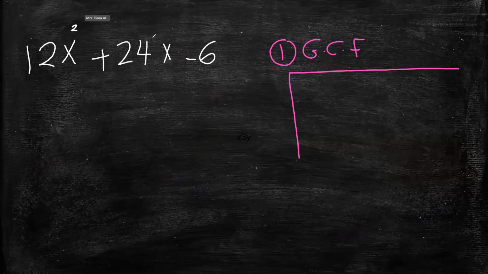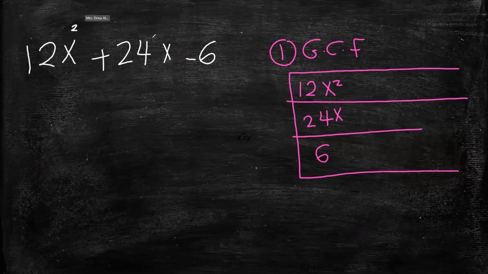Let's make a table here and we write the 12x squared, the 24x, and the 6. Now, after we write the three terms, let's factorize them. Look at the 12. I want to write the prime numbers that if I multiply them, I get 12.